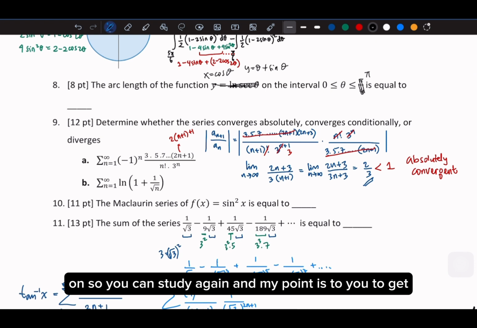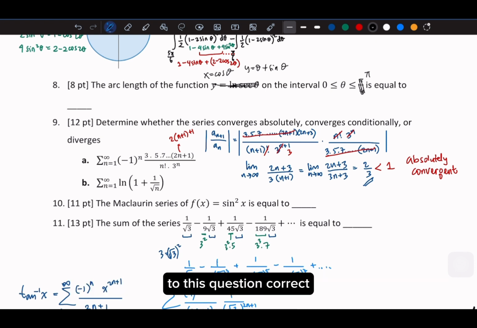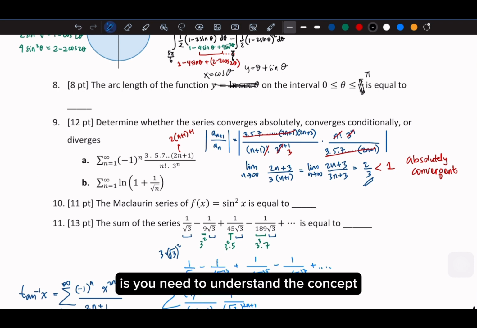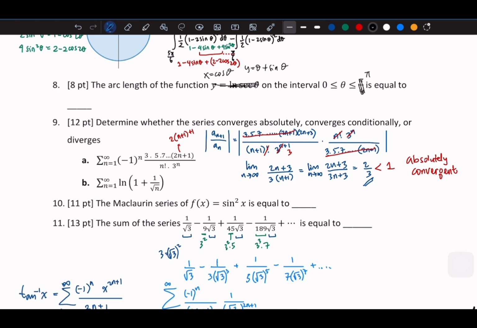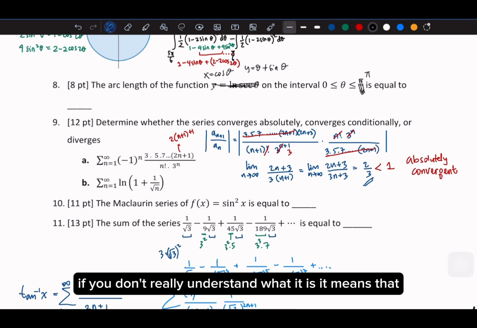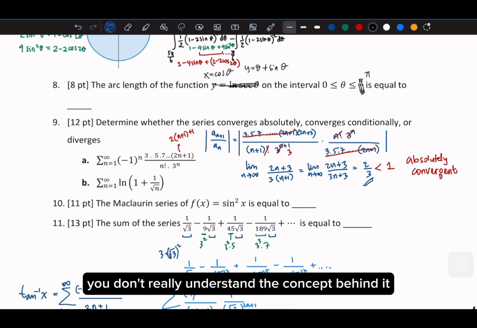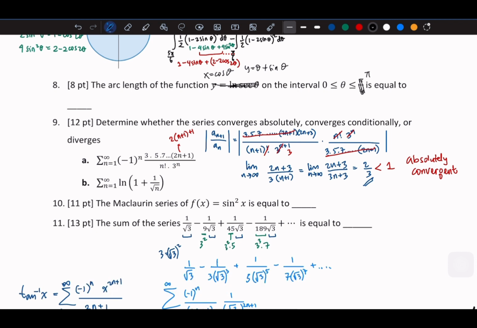My point is, to get this question correct you need to understand the concept basically. So read the questions. If you don't really understand what it is, it means that you don't really understand the concept behind it.